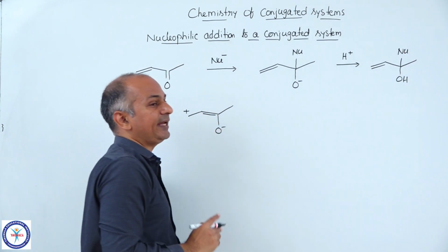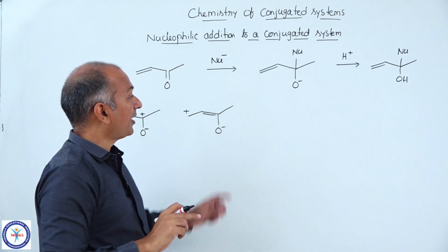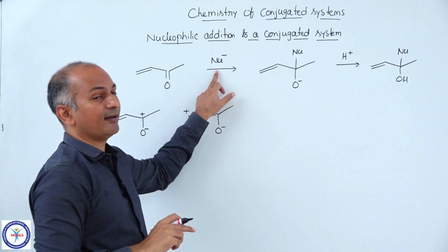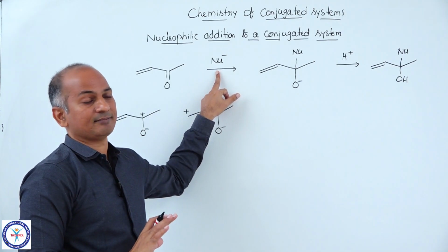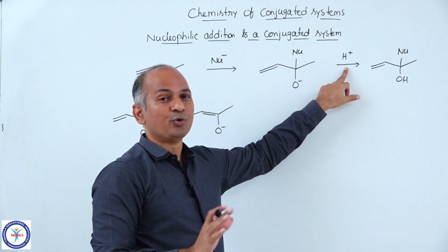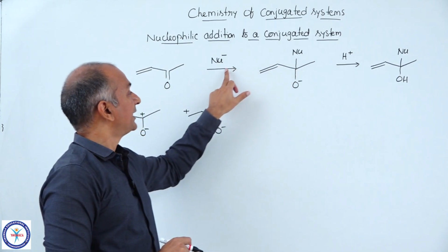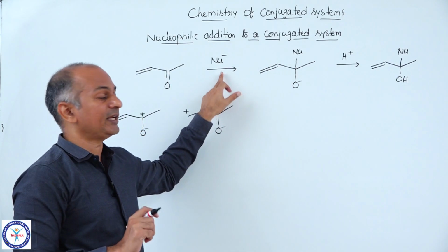So, nucleophilic addition. It is called nucleophilic addition because the nucleophile is attacking in the rate determining step. Of course, in the second step the electrophile is also attacking, and you don't call it electrophilic addition because of this. And because the nucleophile is attacking in the RDS, we call it nucleophilic addition.